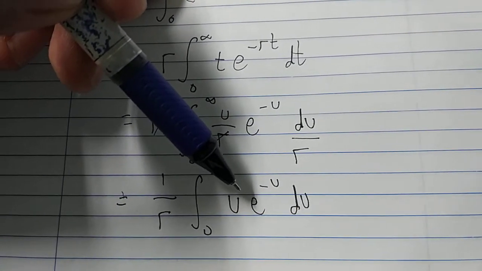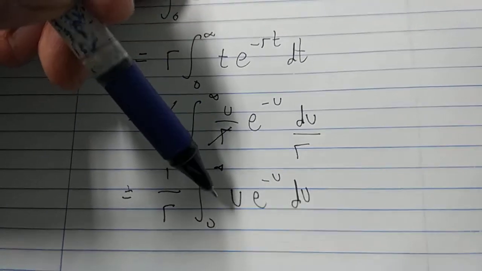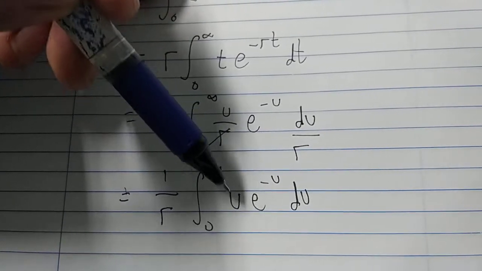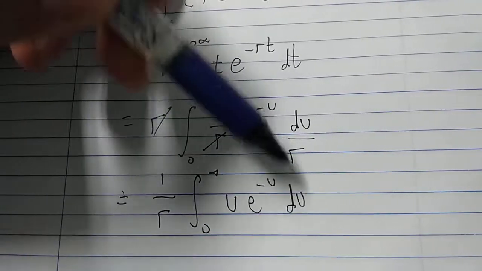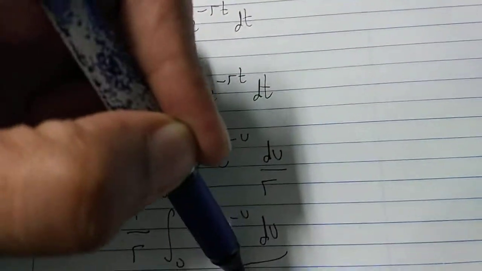In this case, n equals 2, so this is gamma of 2, which is 1. So this whole integral is 1, and voila.